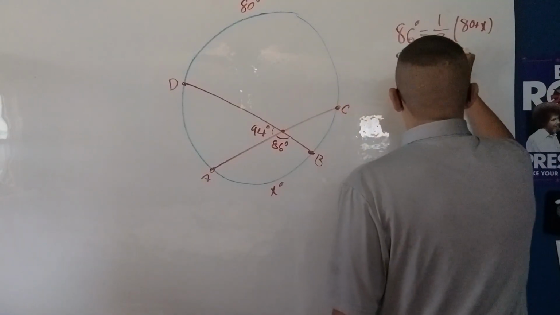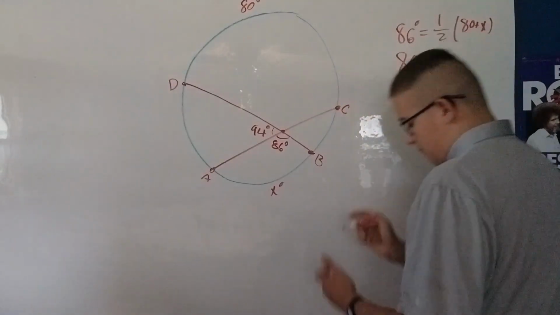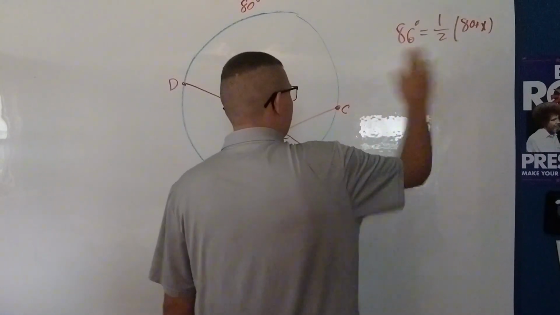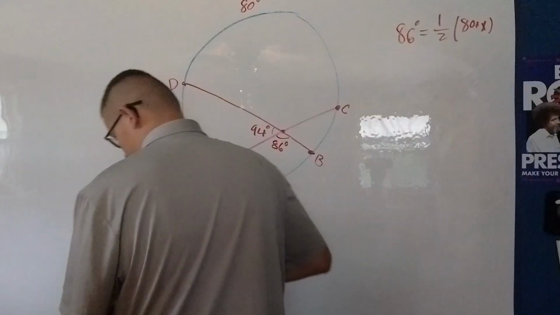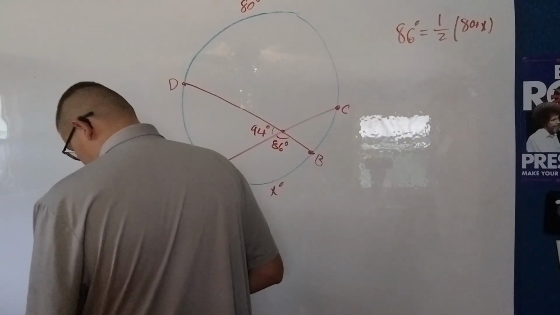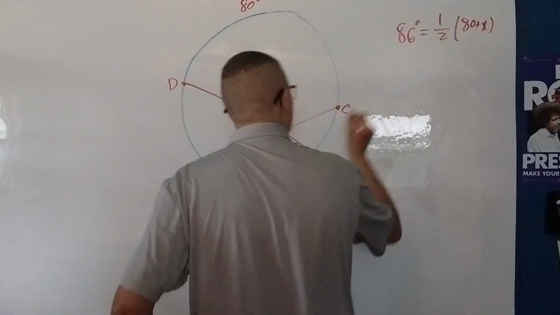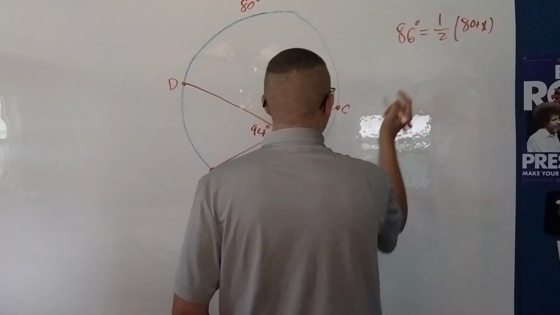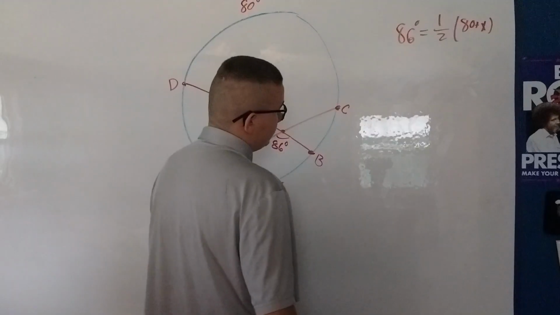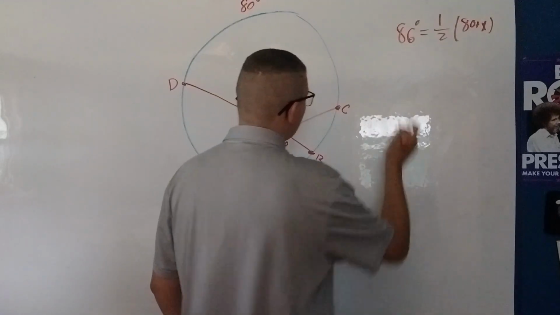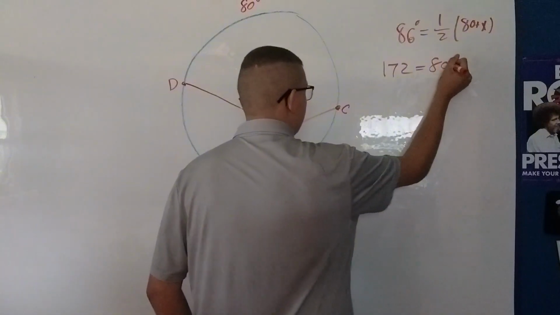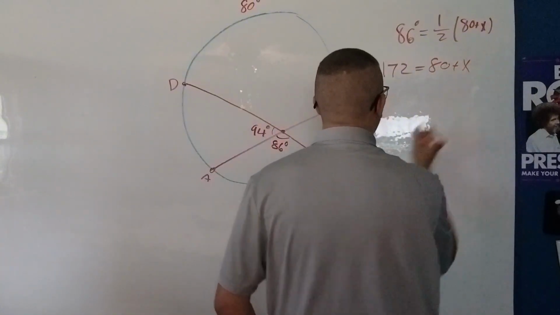We should probably multiply by 2 to cancel that out. 86 times 2 would be 172. 172 equals 80 plus X, right?